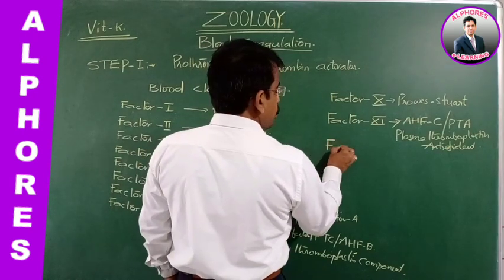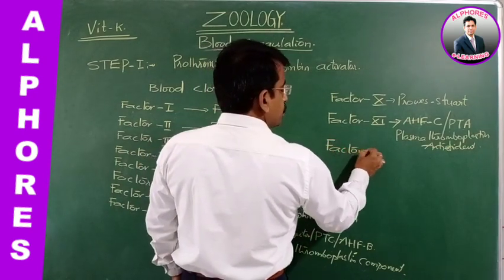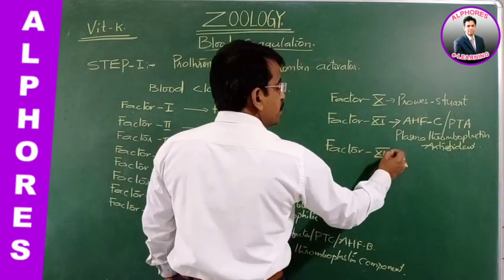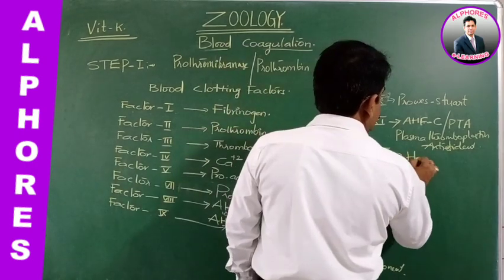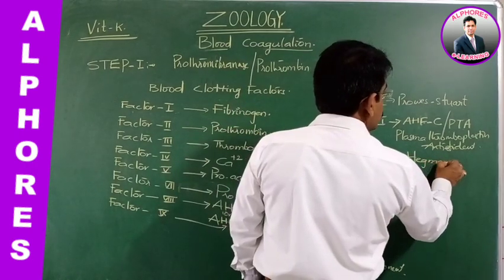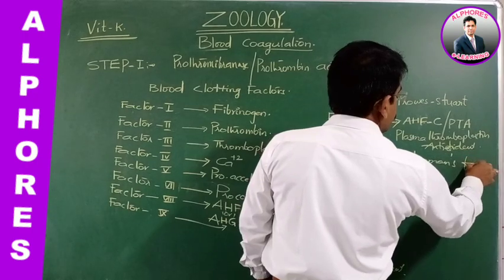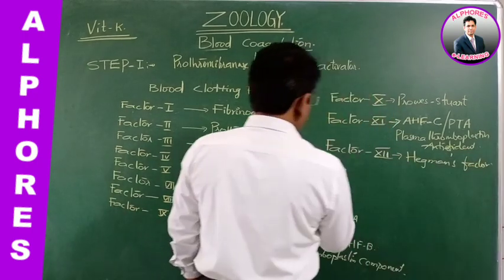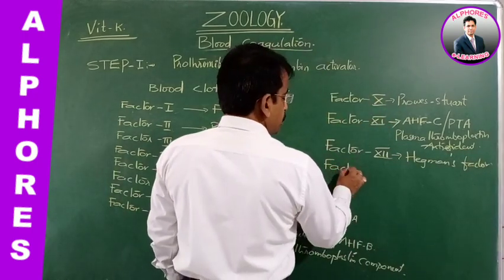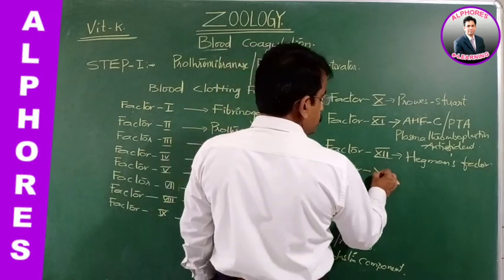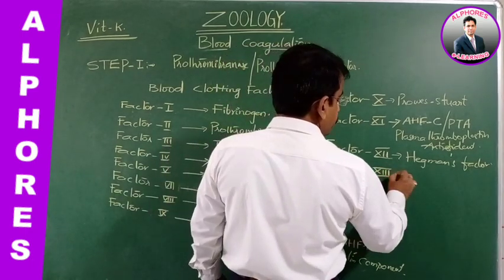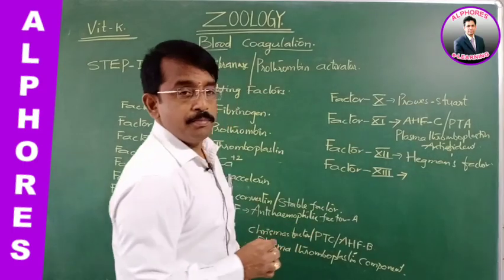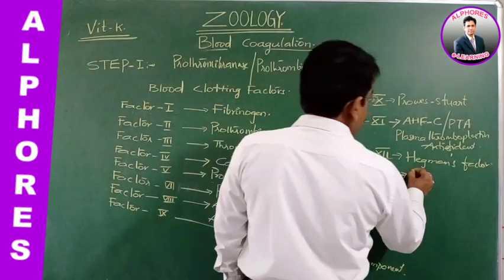And factor 12 is the Hageman factor. And factor 13 is considered to be the fibrin stabilizing factor.